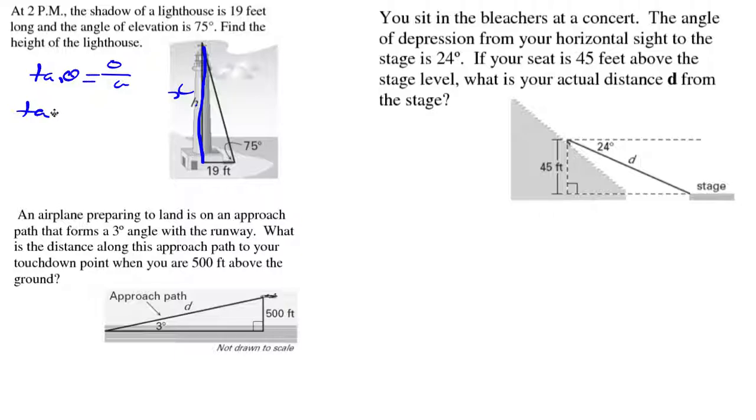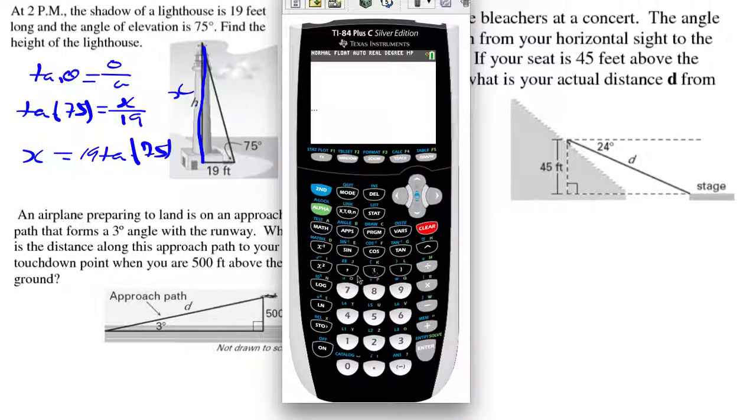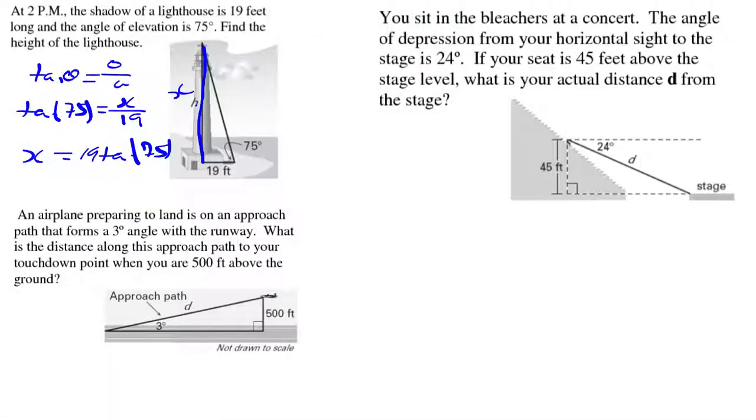So we get that the tangent of 75 degrees is equal to the opposite side x over the adjacent side. So x is equal to 19 times the tangent of 75. Plugging this in the calculator, 19 times the tangent of 75 is equal to 70.91. So x is equal to 70.91 feet.